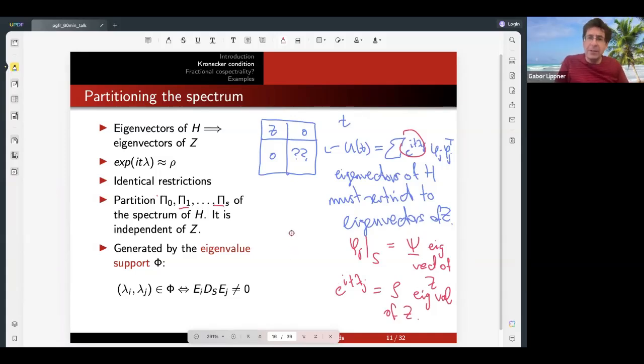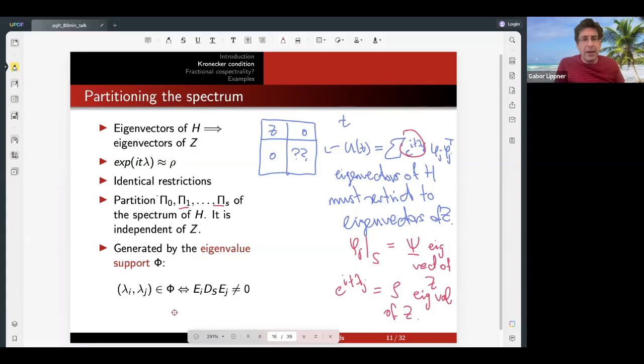Now, it turns out that this partition, so we're not given the Z matrix. That's one of the problems, right? We just want some matrix. But it turns out that the partition is encoded in the graph or in the H matrix itself, and is not really dependent on the Z matrix.